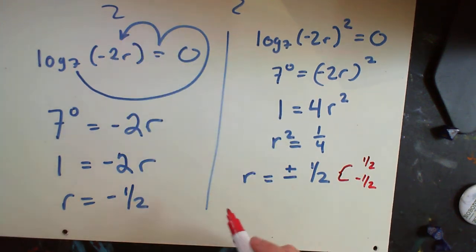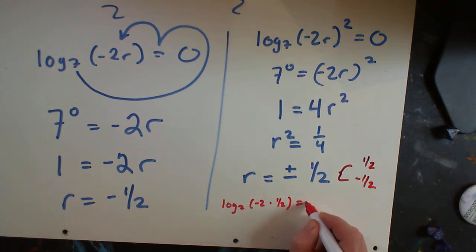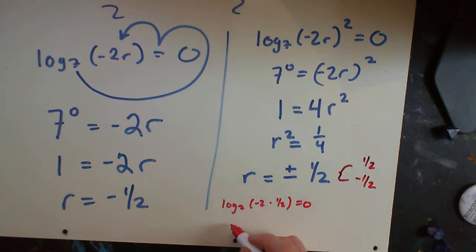So I plug the 1/2 back into the original problem, log base 7 of negative 2 times 1/2 equals 0. That would give us log base 7 of negative 2 times 1/2, which is negative 1, equals 0.